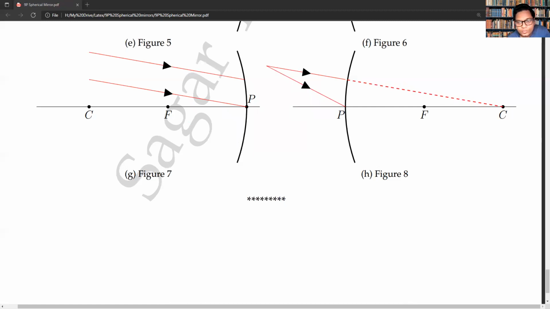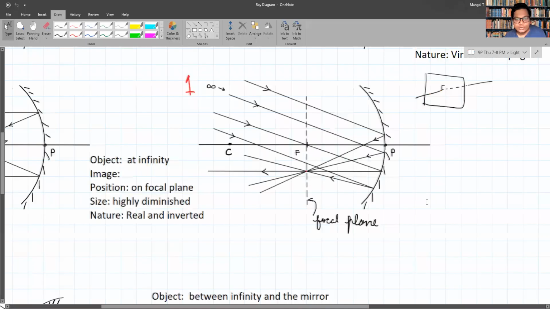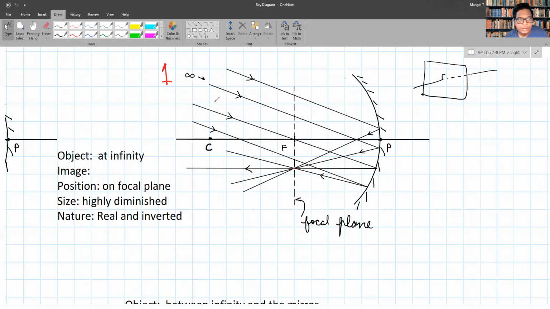Will it pass through the focal length, or the center of curvature? Okay, I want you to have a look at this image over here. What I've given you in this is ray number 1 and 2. I have not given you the third and the most important ray that will help you to draw the diagram.